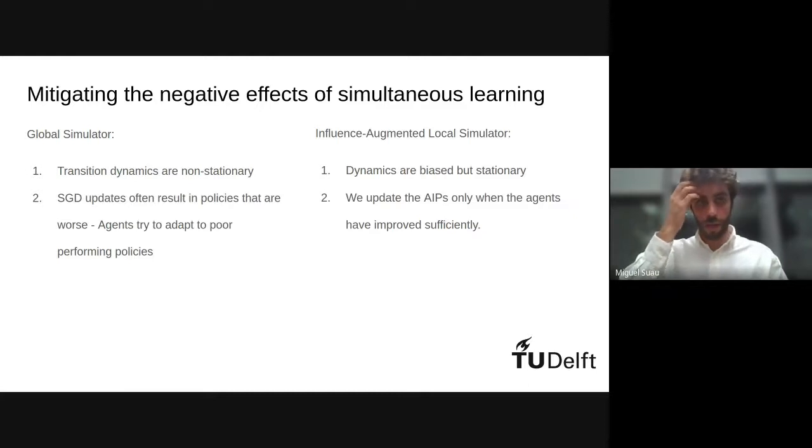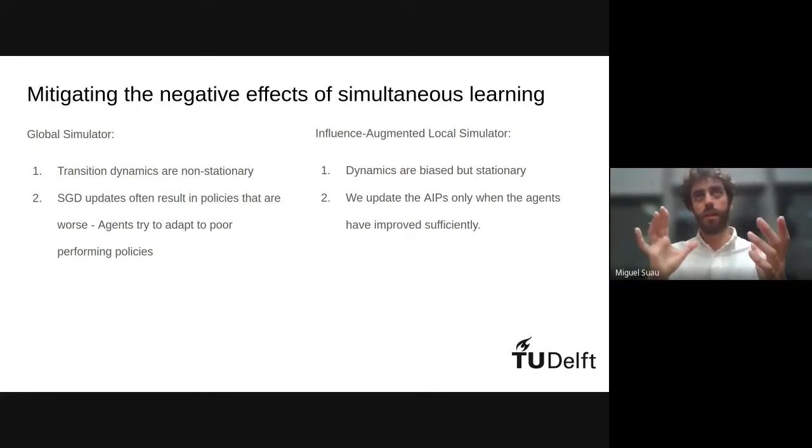Another reason why the distributed influence augmented local simulators may be good for simultaneous learning is that the stochastic gradient updates that we perform on the policies may lead to policies that are worse than the previous ones, and the agents may try to adapt to these poor performing policies, just because of the inherent stochasticity of the learning process. However, in our case, we can decide to only update our approximate influence predictors when we know that the other agents' policies have improved sufficiently.